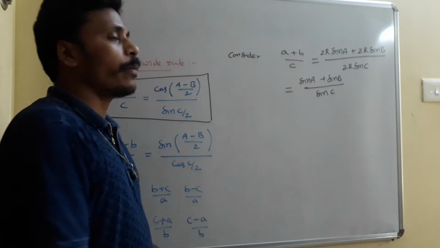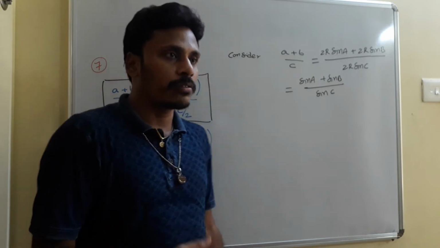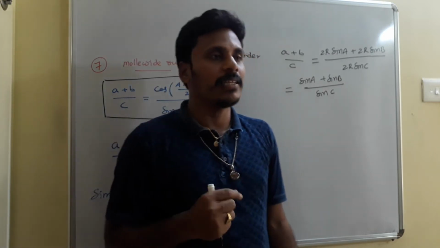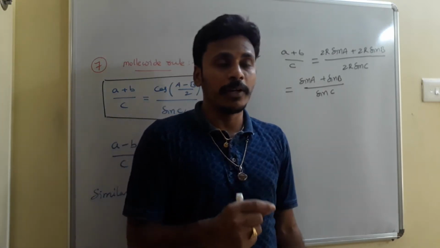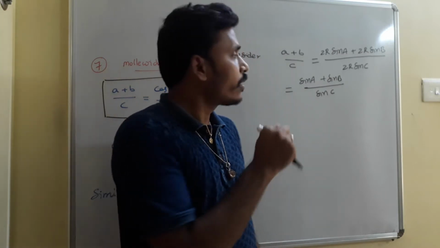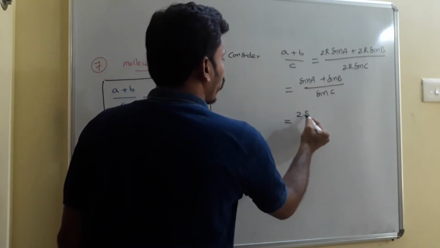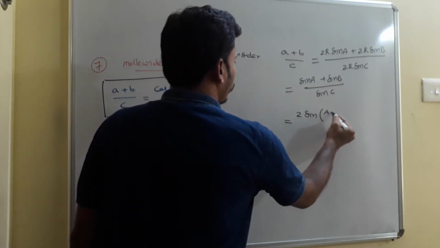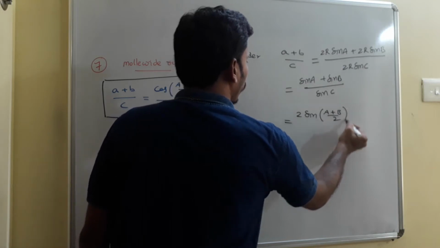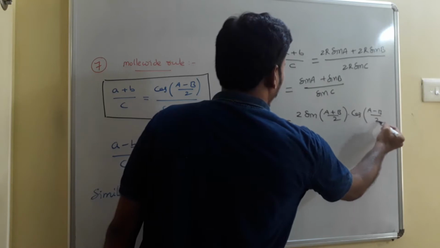And now that sin a plus sin b, how to write? See, from the transformation rules, sin C plus sin D is 2 sin of (C plus D) by 2 into cos of (C minus D) by 2. So with that help, this sin a plus sin b can be written as 2 sin of (a plus b) by 2 into cos of (a minus b) by 2.